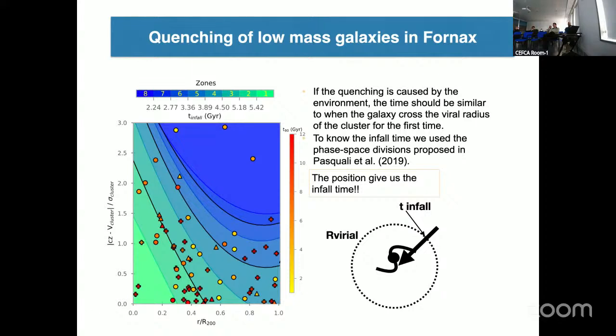Of course, in observation, this is impossible to measure, but we can use simulations and the phase space diagram in order to compute the T-infall of the galaxies according to their position in this phase space diagram. Simulations tell us that for galaxies located in the very inner region of this phase space, the T-infall is larger than for galaxies located in the external region of this phase space.